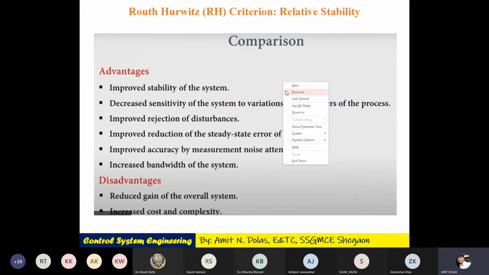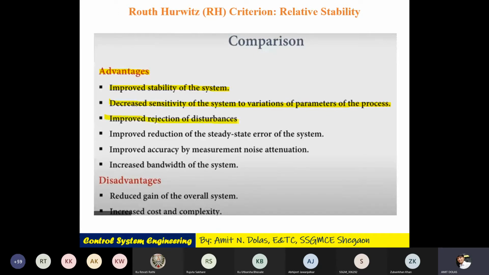Let me just compare whatever we have talked about until now. Advantages of relative stability or improved stability: improved stability of the system, of course. Decreased sensitivity of the system to variation of parameters of the process. Sensitivity increases if parameters are changing.